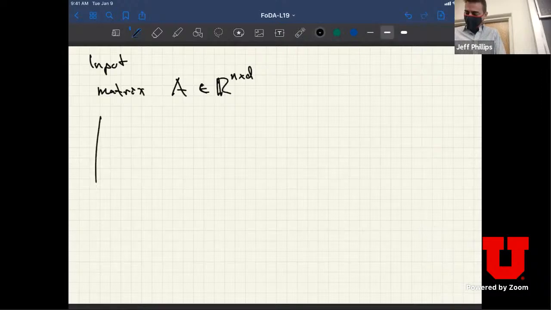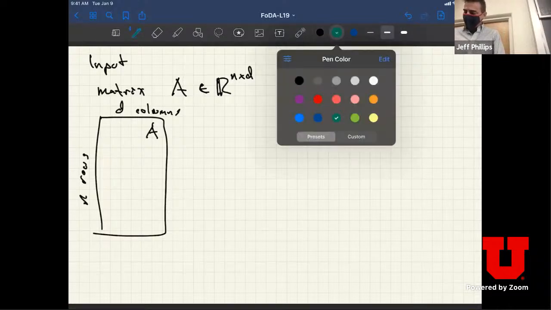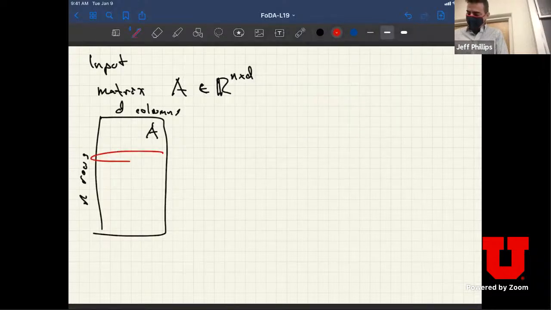That means we can think of this matrix A as a rectangle with n rows and d columns, and we'll think of each of the rows, A_i, as one data point in R^d.